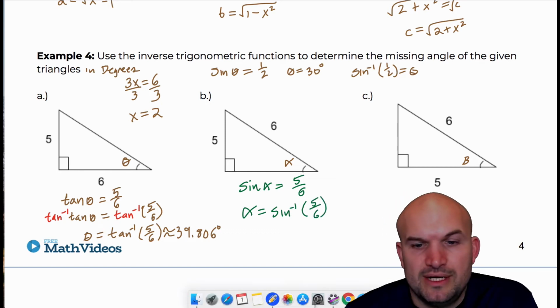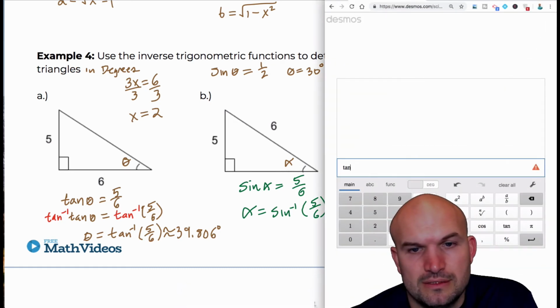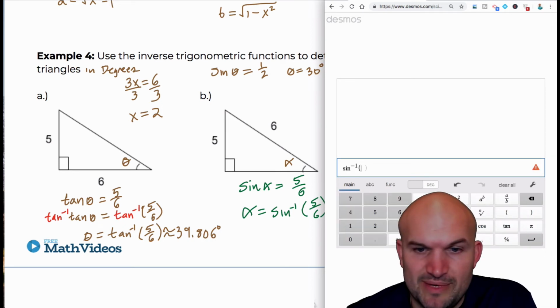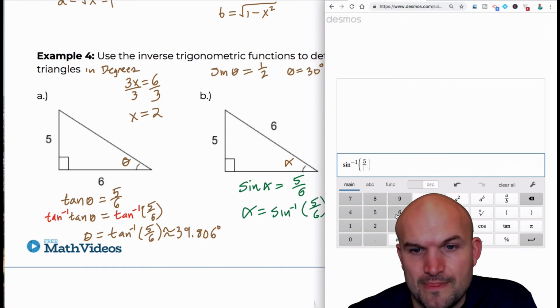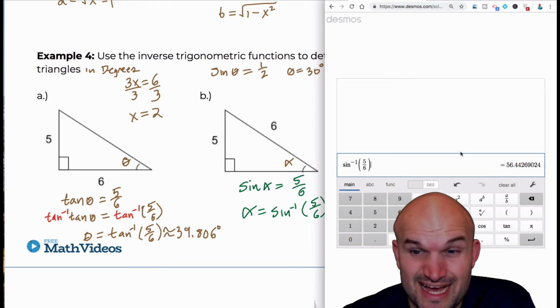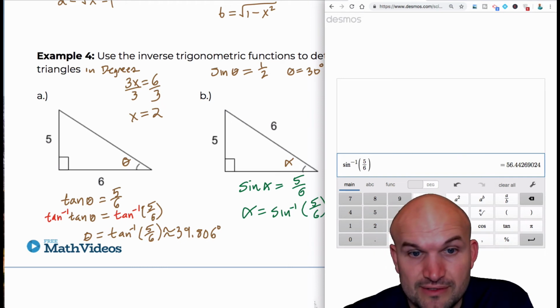So I'll go back to my lovely calculator here and delete that. So now I'll use the sine inverse function, and I'll now just do 5/6 again, going back to the same angles, obviously. And you can see now this one is 56.443 as it gets rounded.